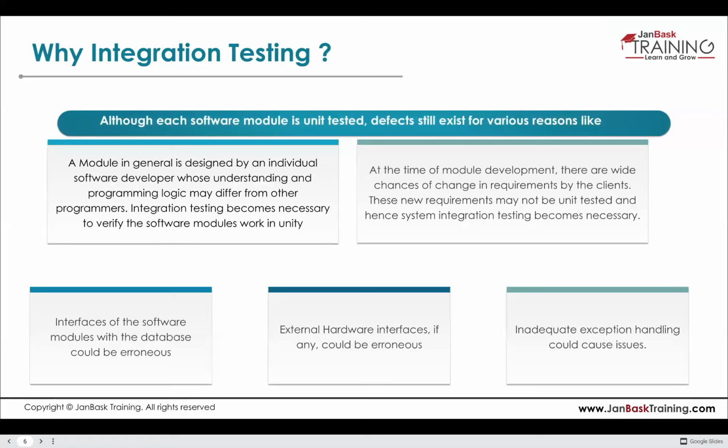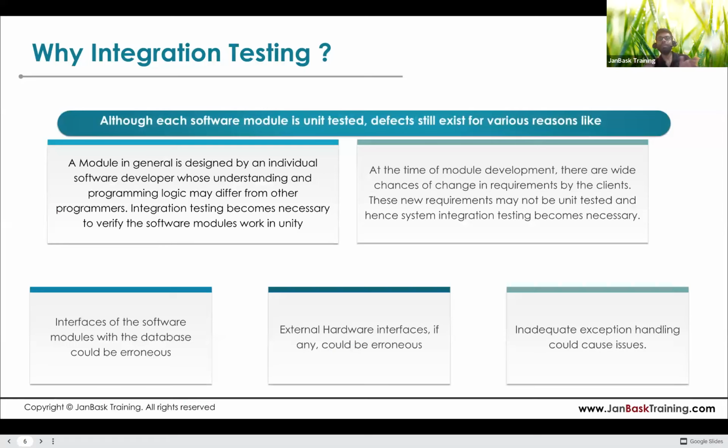So if they do not have the proper knowledge of the logic of the other module, but these modules are not totally independent of each other, they need some data, so they have some dependency on each other. Now when these modules are integrated, it might happen that a particular module behaves correctly independently, but when we integrate those modules, there are some discrepancies.